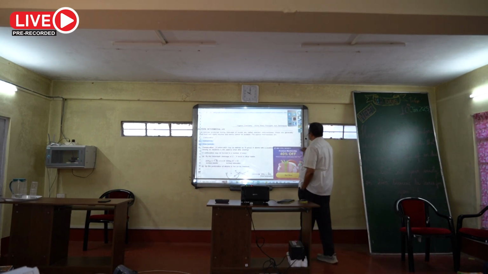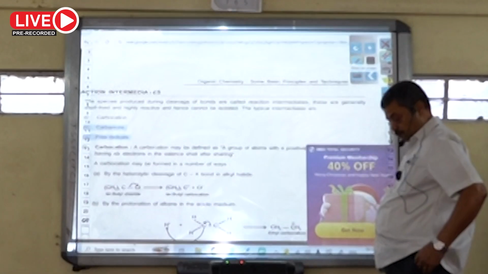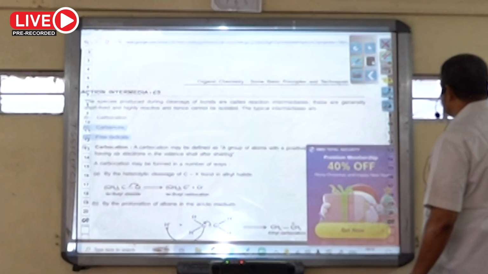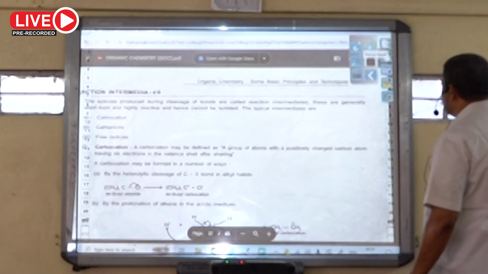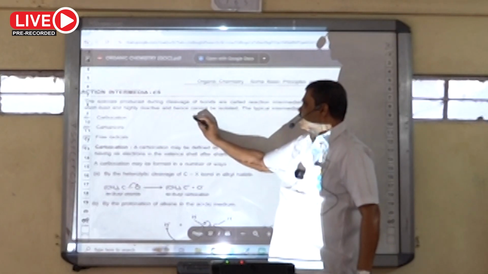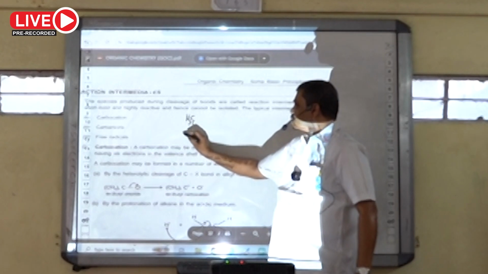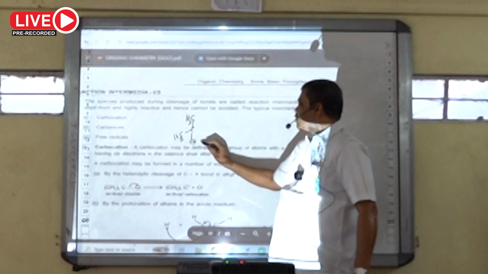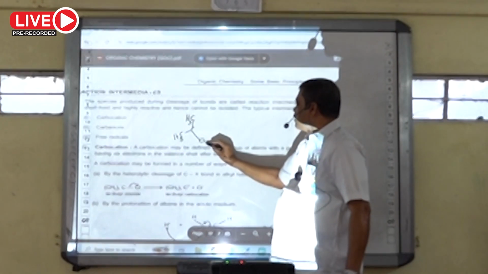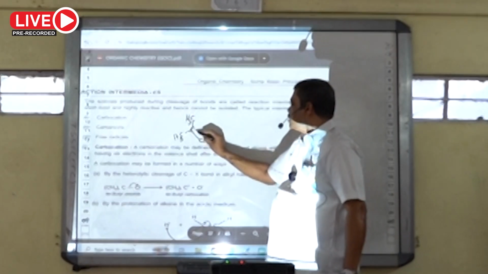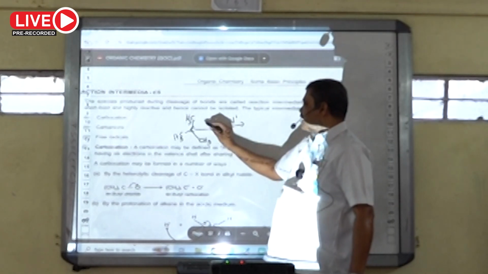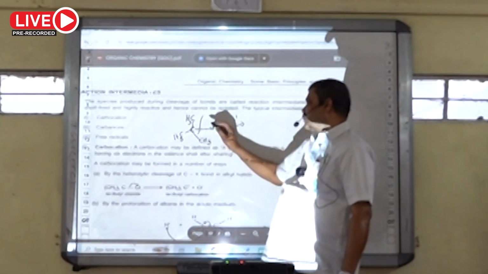For example, if you write a tertiary butyl chloride, so in SN1, the C-Cl bond undergoes heterolysis, unequal bond breaking.